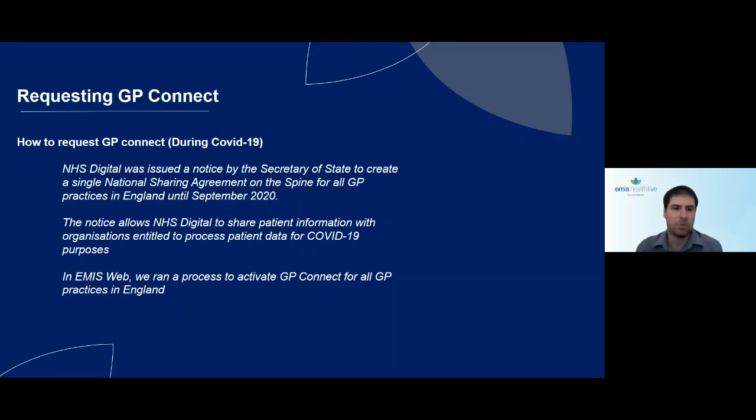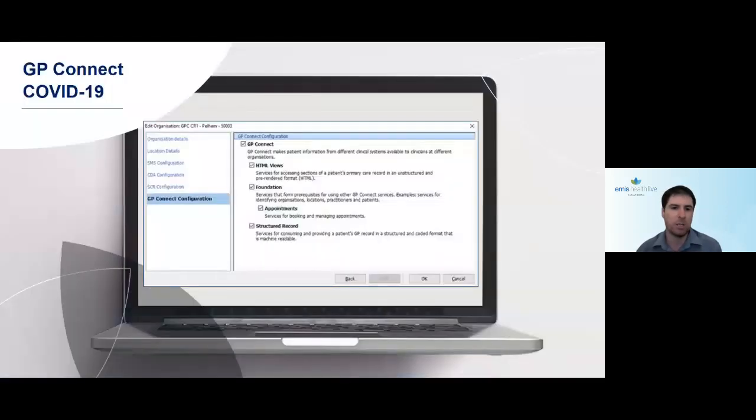In EMIS Web, we ran a process to activate GP Connect for all practices in England. So if any of you from practices were to go into organisation config, you would see that it would be pre-ticked within the organisation configuration and GP Connect configuration.